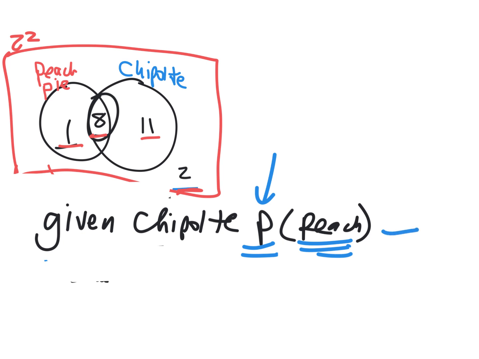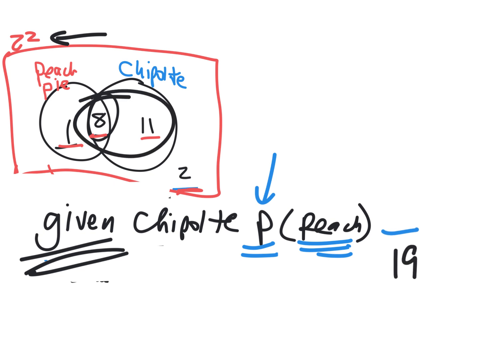Now, have I pounded it enough that if I say given, then it will not be out of 22? It's not 22 down there. It's 19 down there because those Chipotle people are the only people we can talk to. So it's out of 19.